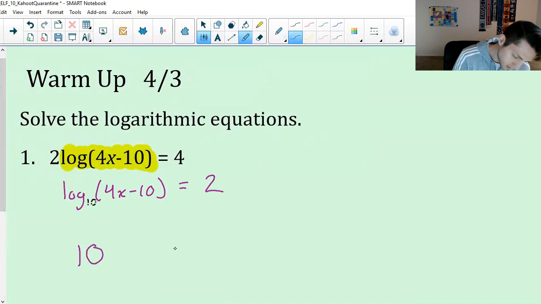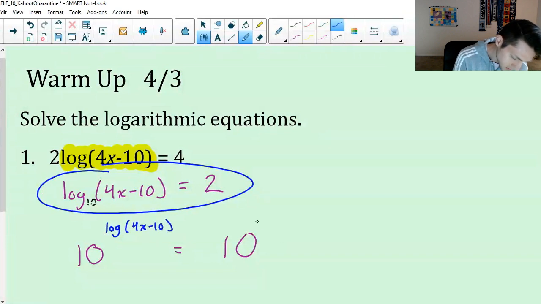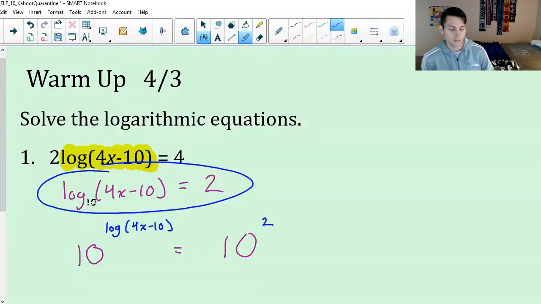So I'll make a base of 10 on both sides. And everything that was originally part of the equation is now going to get moved up into an exponent. All right, that stuff got shifted up into the exponents.